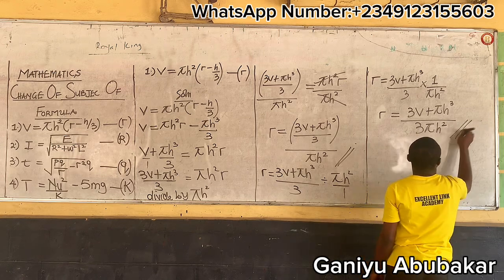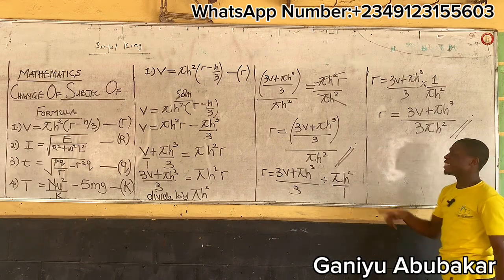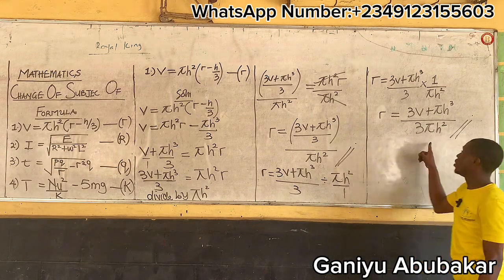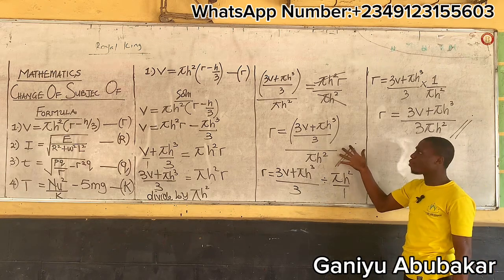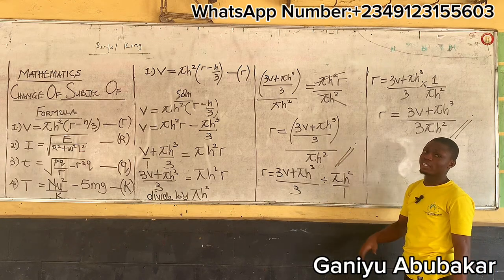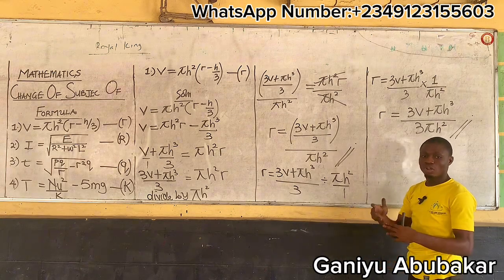This is also correct. It's better you don't leave your answer the other way, better you leave it this way. If I leave it the other way, I'm still correct, but it's not properly simplified. So break it down to the least possible variable.